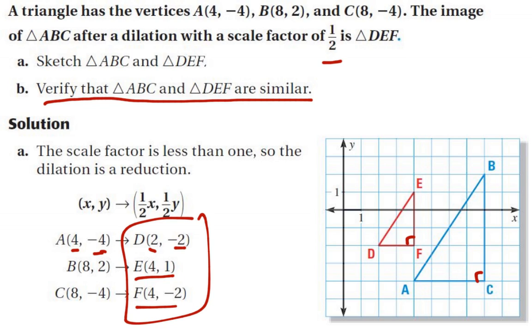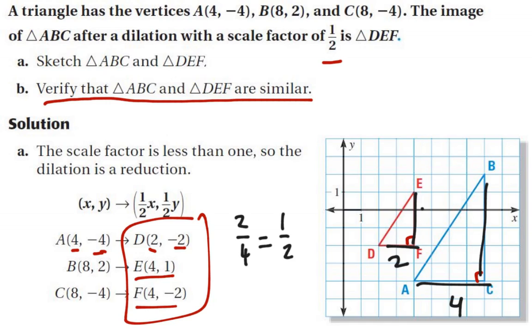So we can count this side DF as a 2 and side AC as a 4, and that reduces to 1/2, which is the scale factor. And that right there is not all of it, because we've only got side and angle now. We have to make sure that the other two sides, side EF to BC, also form the same proportion, 1/2.